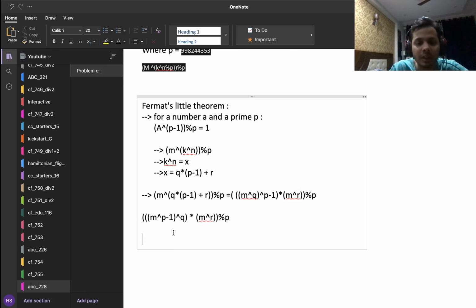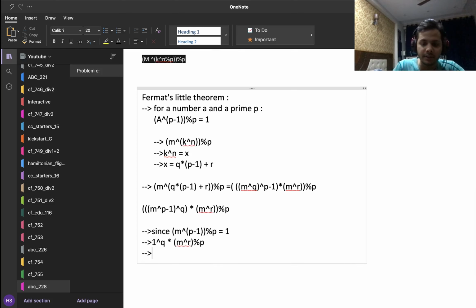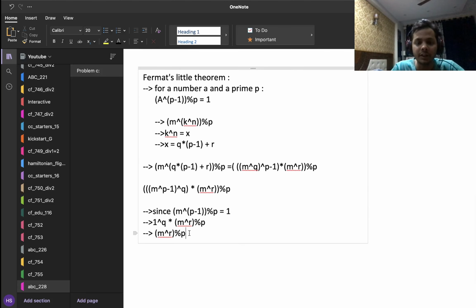So since m raised to the power p minus 1 modulo p is equal to 1, what we are left with is 1 raised to the power q multiplied by m raised to the power r modulo p, and this is nothing but m raised to the power r modulo p.